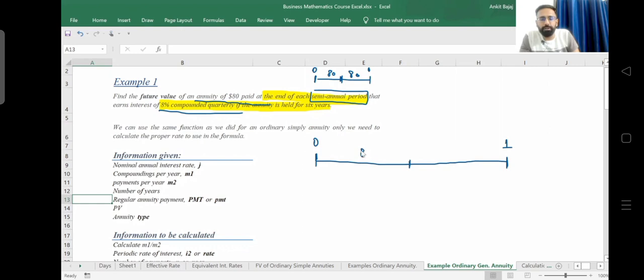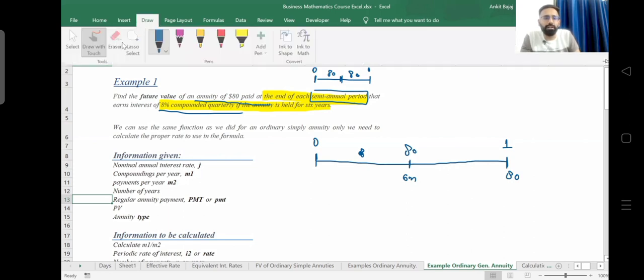So here you will be investing $80 at 6 months, and you will be investing the remaining $80 at the end of the year. But in the given case, you will be receiving quarterly interest. It means every quarter you will be getting interest, right?